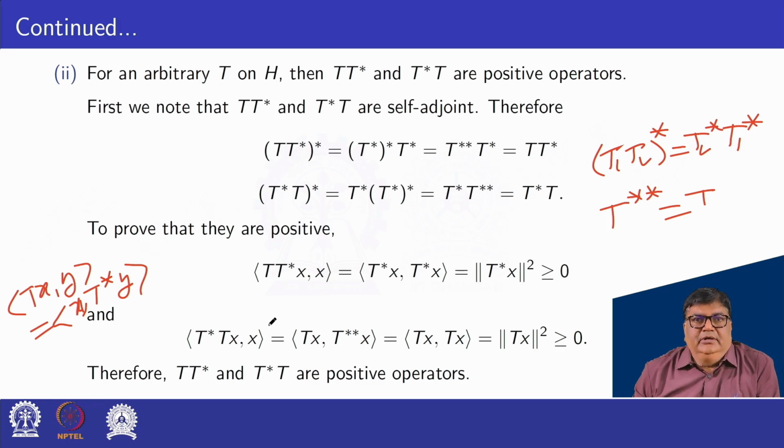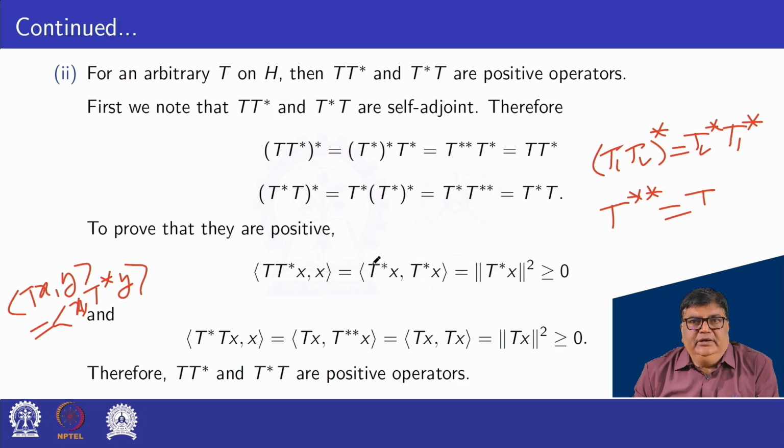So as per this definition, the inner product of TT star x and x can be written as the inner product of T star x and T star x. Here both points are the same.